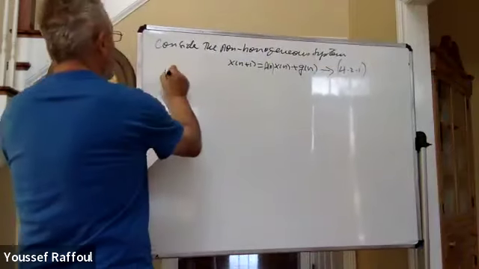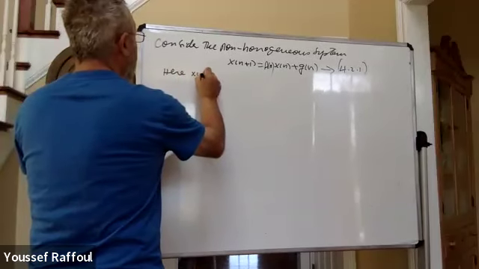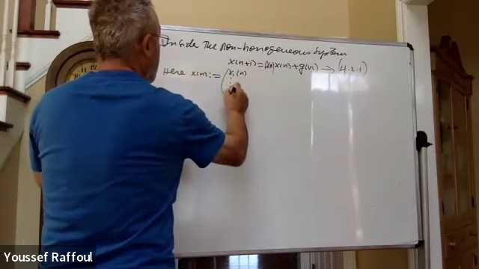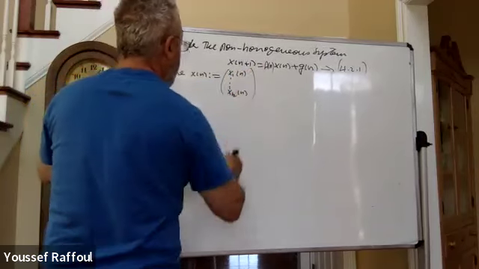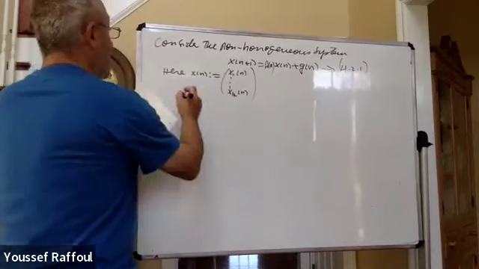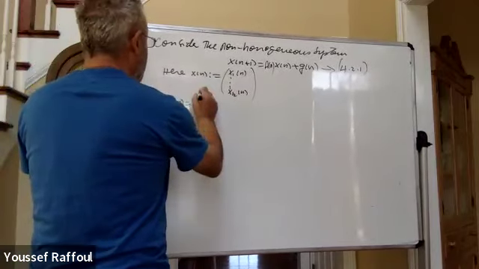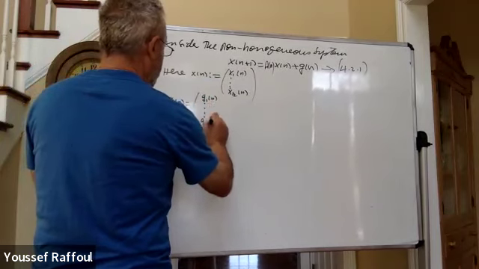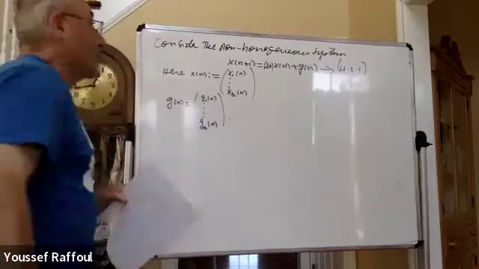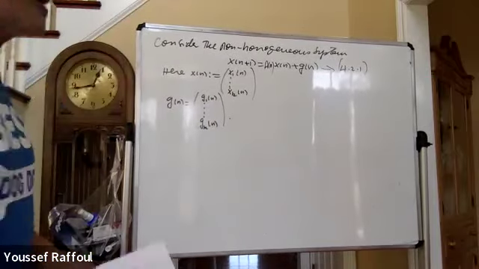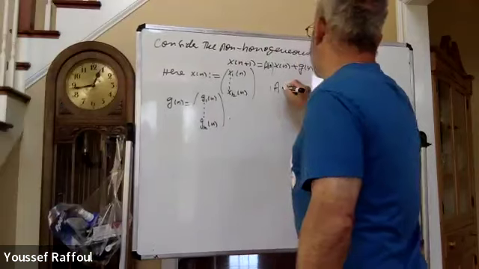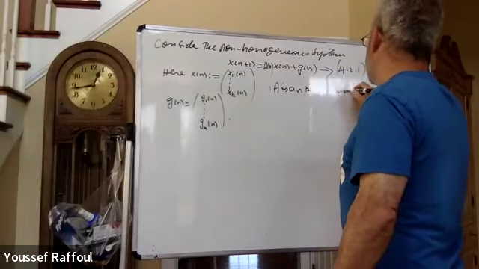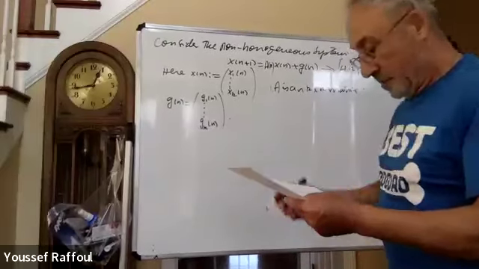And here, x of n is x1 of n through xk of n, and g of n equals g1 of n through gk of n. So this is a system, and A is a k by k matrix. Okay?